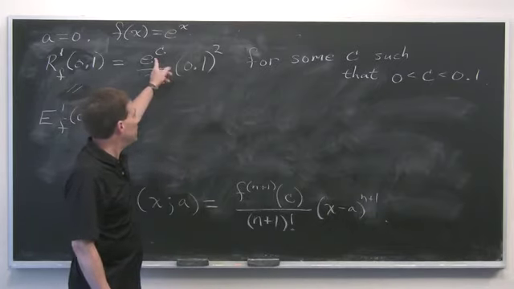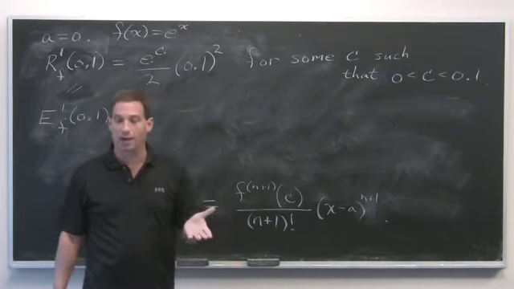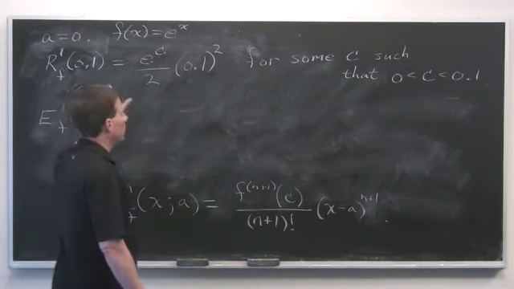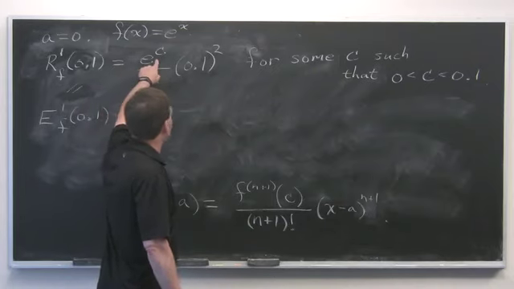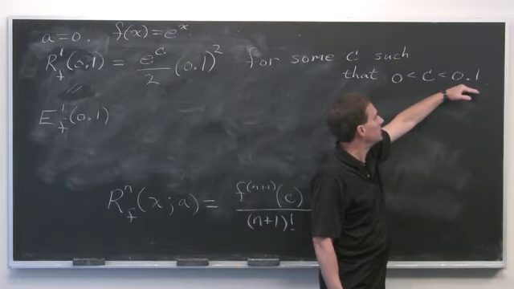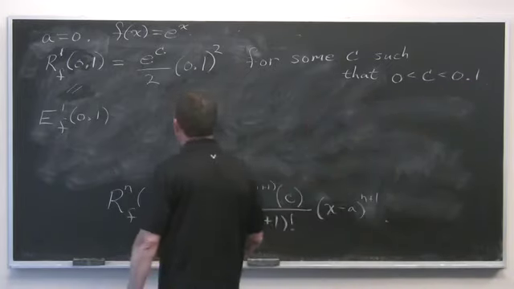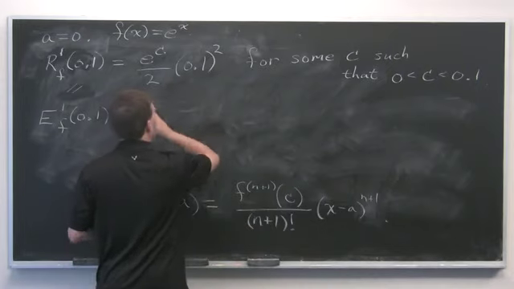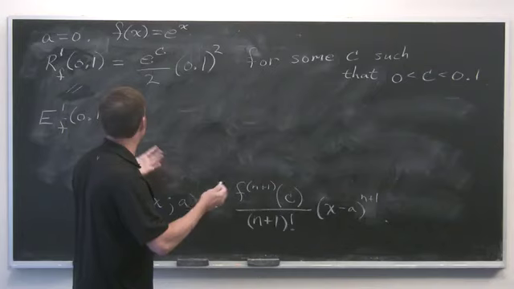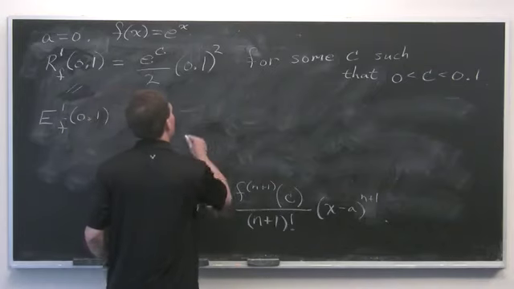But how do we get any grip on this at all? Well, e to the x is an increasing function. We know that from its derivative. Its derivative is e to the x, which is always positive, which means if c is between 0 and 0.1, then certainly e to the c is less than e to the 0.1. If we want to get rid of the reference to c, we have no way of finding c. It's just a theoretical result that there is some c.